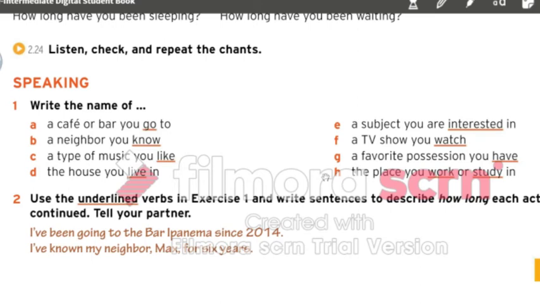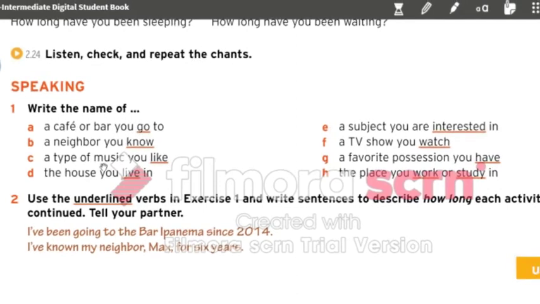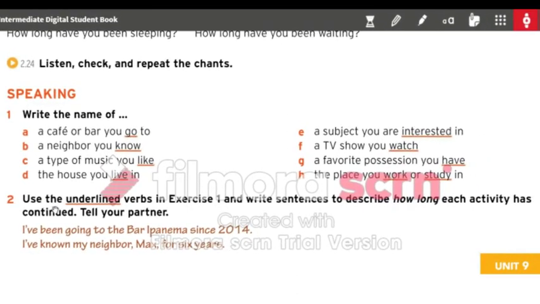Very good. So what you're gonna do now in exercise number 2 is use the underlined verbs in exercise 1 and write sentences to describe how long each activity has continued. For example, if there's a cafe that you go to called the Big Cafe, you can say, I have been going to the Big Cafe for 2 years or since 2018.